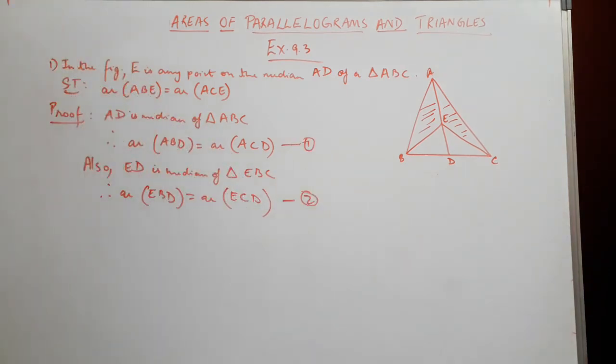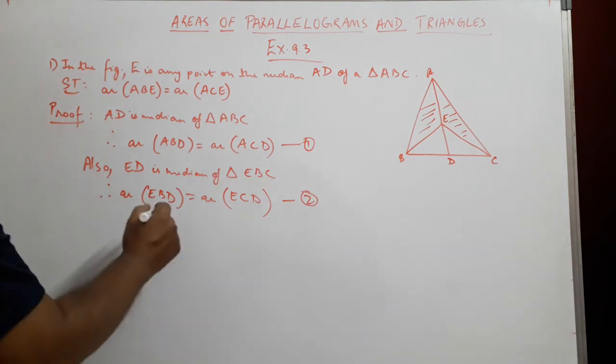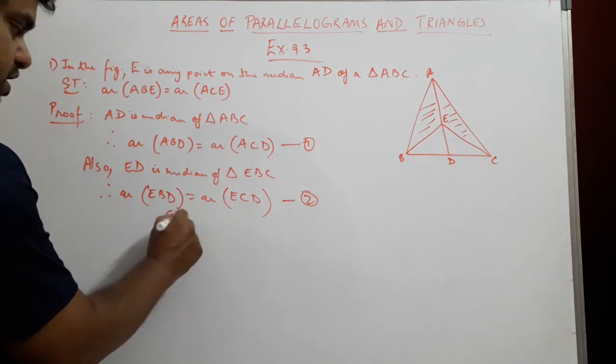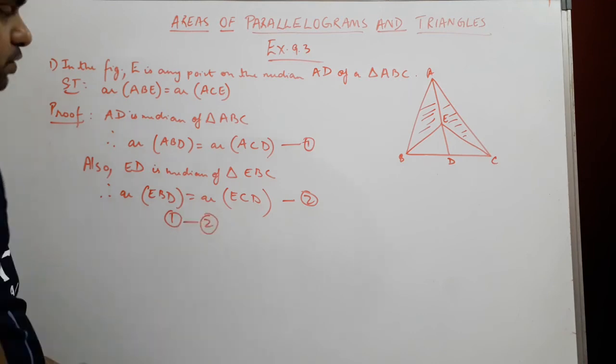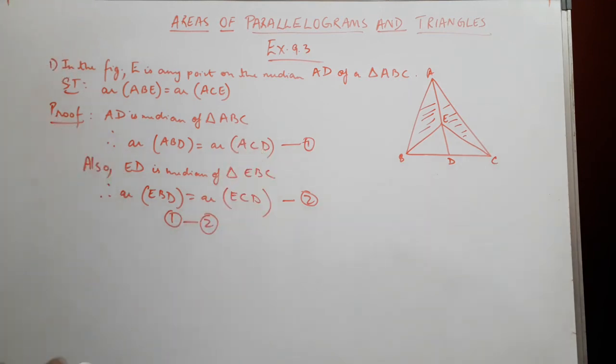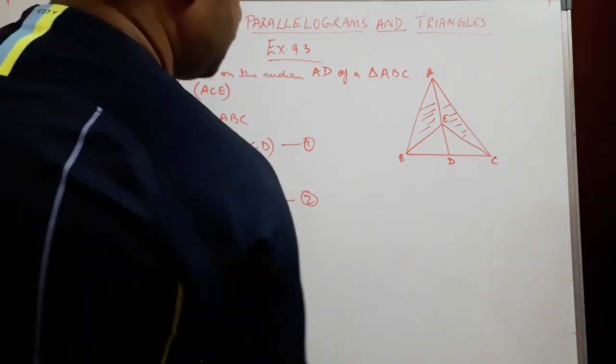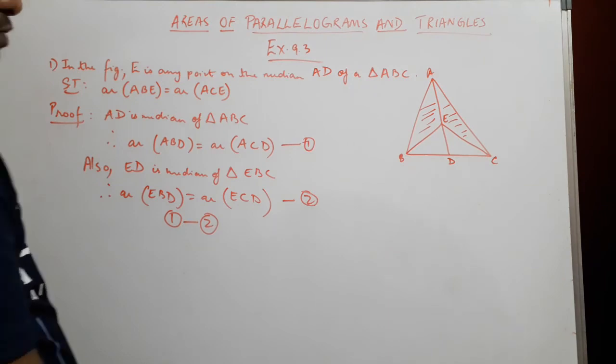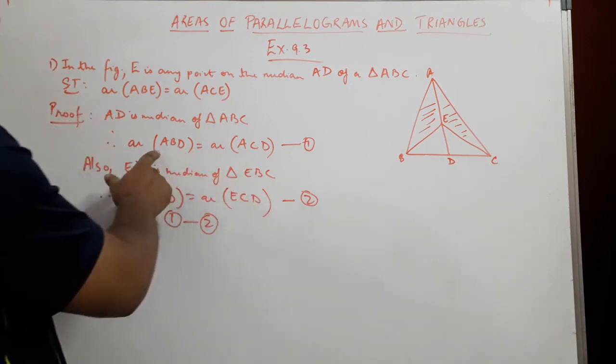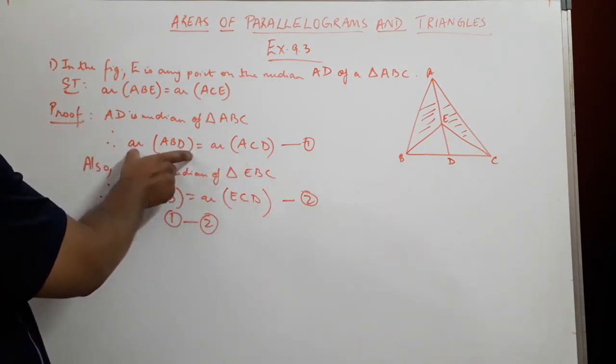Now we'll say 1 minus 2, or in other words subtracting 2 from 1. What do we get? Let's look at the left hand side of 1: area of triangle ABD.